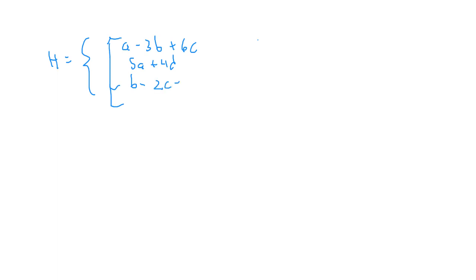I'm writing the coordinates down. The first is A minus 3B plus 6C. Second coordinate is 5A plus 4D. Third coordinate is B minus 2C minus D. And the fourth coordinate is 5D.